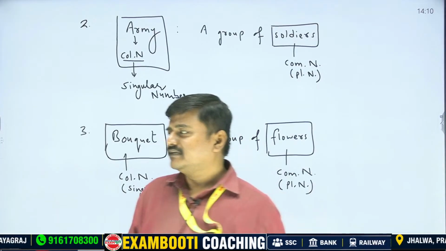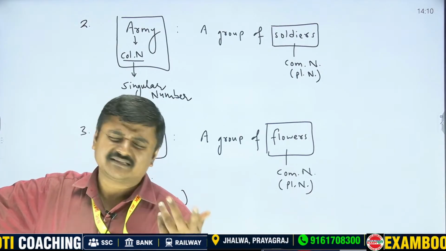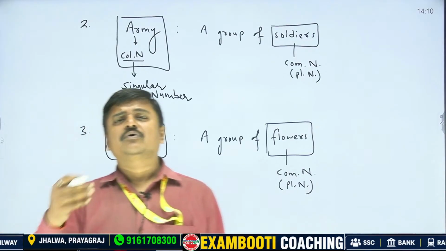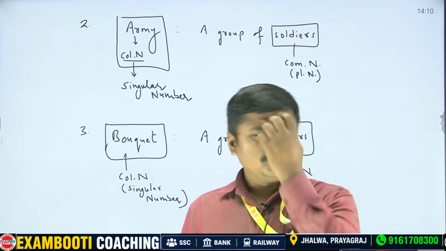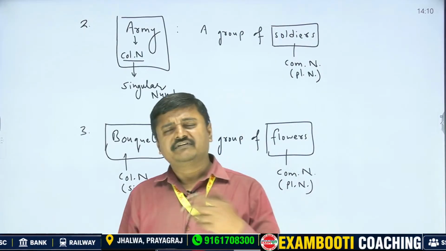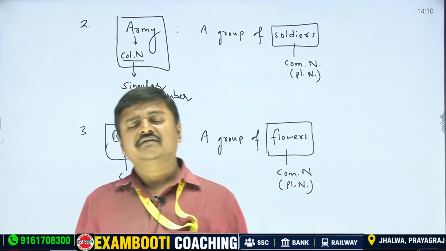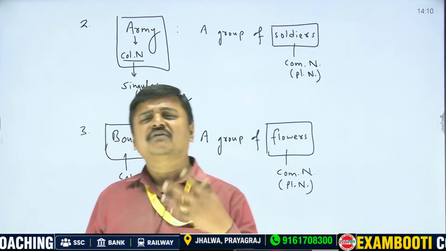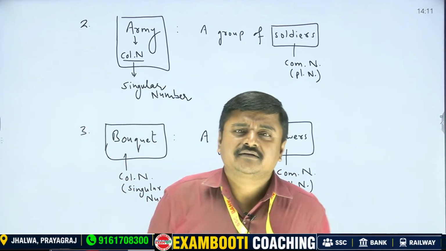Now you think that collective nouns are very easy to understand. So easy, yes, class is a singular noun, and class representing a group of students, yes, very easy. Now you say that a group of soldiers, army, very easy to understand. We have taken another example of bouquet. You have understood very clearly that bouquet means a group of flowers. Yes, bouquet is also a collective noun, very easy to understand.